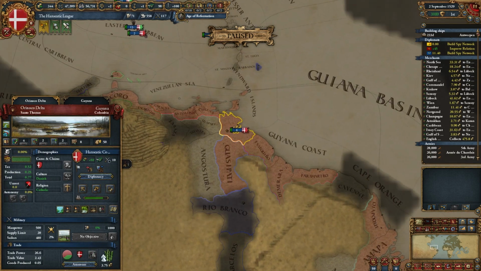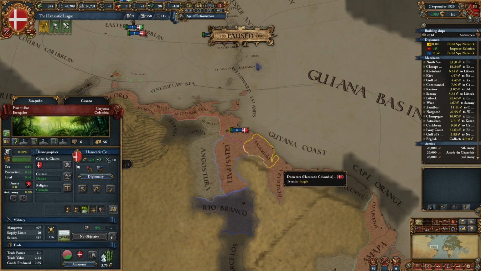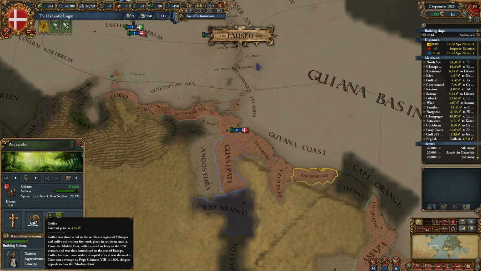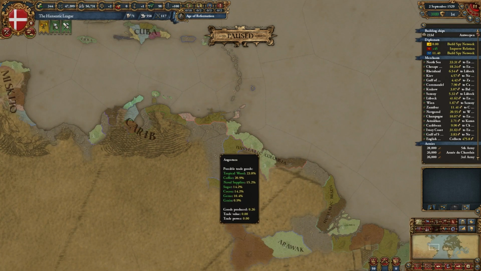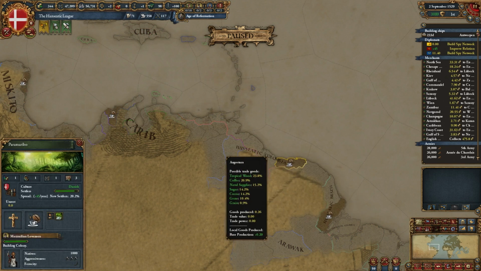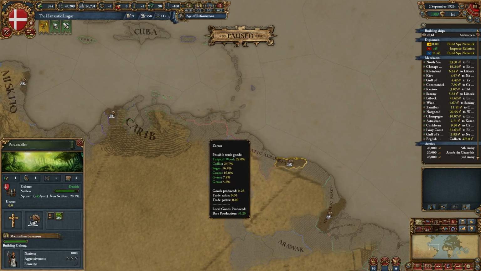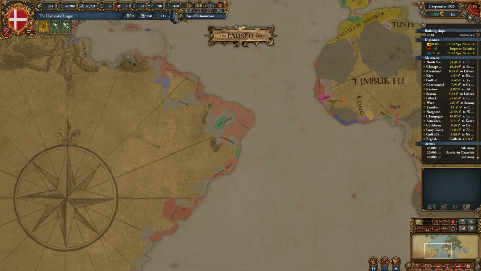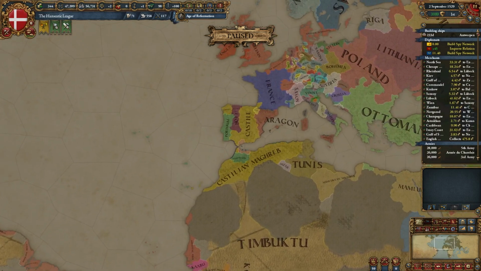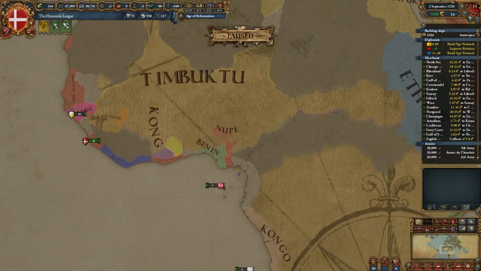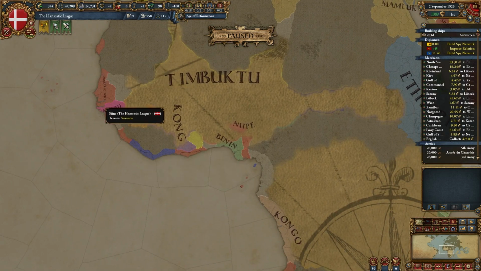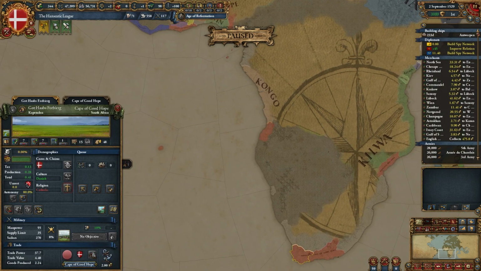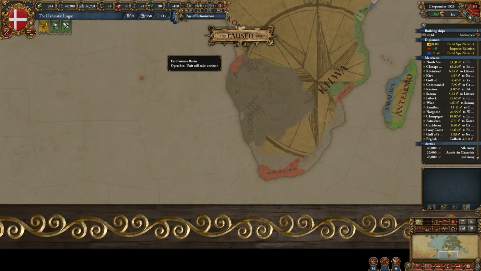They have a lot of tropical wood, but over here sugar, for example, and obviously, there we go, coffee, which is really likely to spawn actually over here, if you see that, 24%. And then Brazil and La Plata, I took that from Castile, but for that later. And I obviously started colonizing Africa, the west coast over here, this province over here, and obviously the Cape.